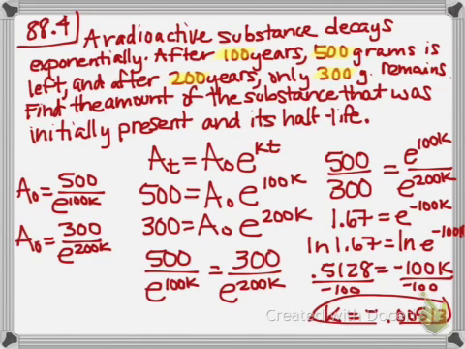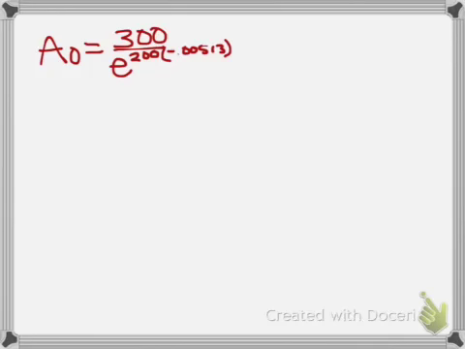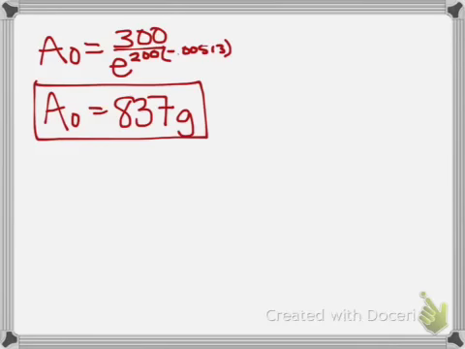Now we can take that and plug it into either of our initial equations to figure out our initial value. So we'll plug it in here. So a sub 0 is equal to 300 over e to the 200 times negative 0.00513, and we end up with 837 grams.